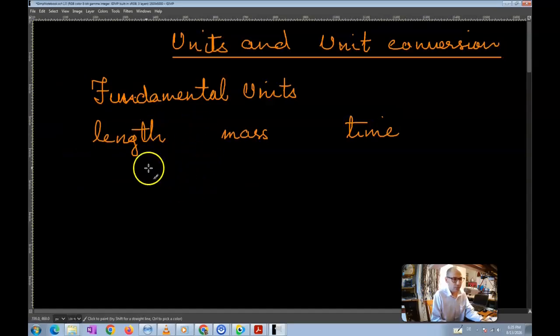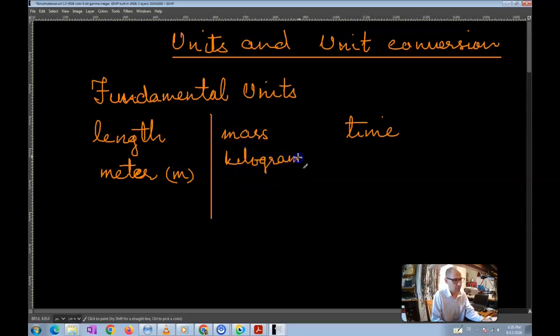So for the length, the unit is the meter, which is written as a lowercase m. For the mass, the unit is the kilogram, which is written as a lowercase k and lowercase g, right? And the unit for the time is the second, which is written as a lowercase s, right?